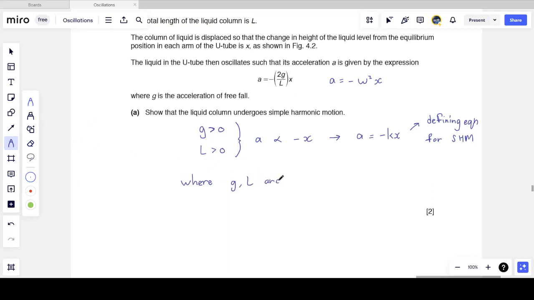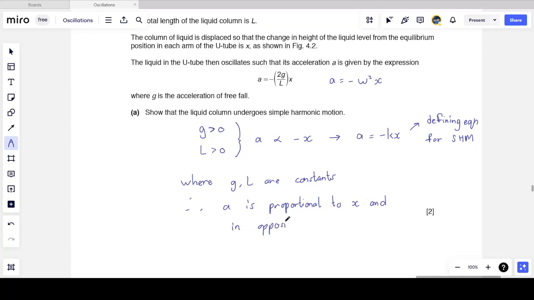So I must specifically say that G and L are constants, and must conclude that the defining equation is in fact held by saying that A is proportional to x and in the opposite direction to x.